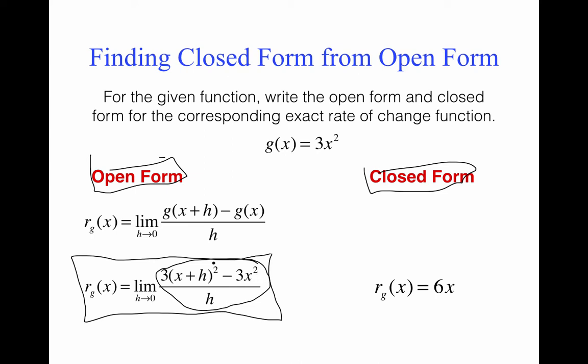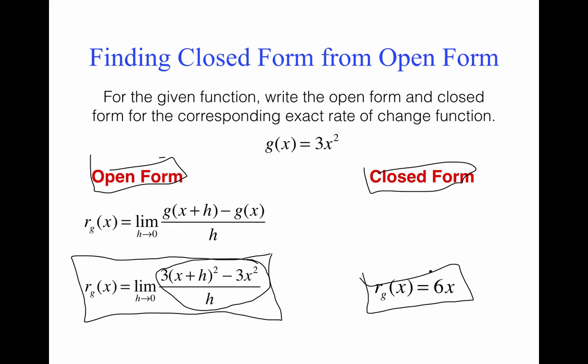And then I'm letting those intervals get really small, and so these rates of change become really good approximations to what the actual rate of change is. And so when we have this open form expression, it reveals to us the process of how this whole thing works. Well, when we have the closed form version, we don't see the process anymore.